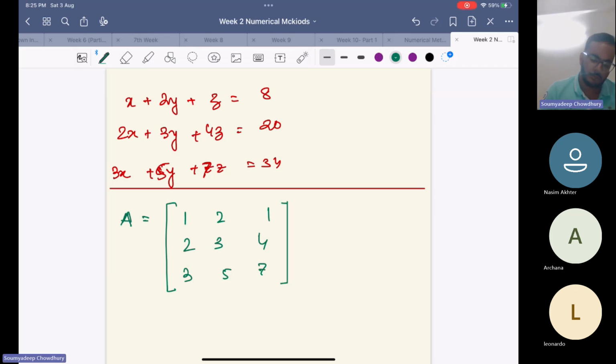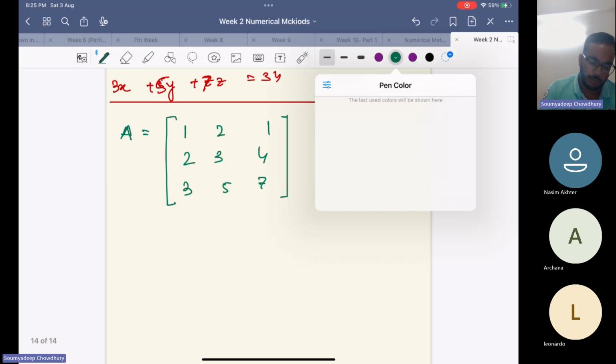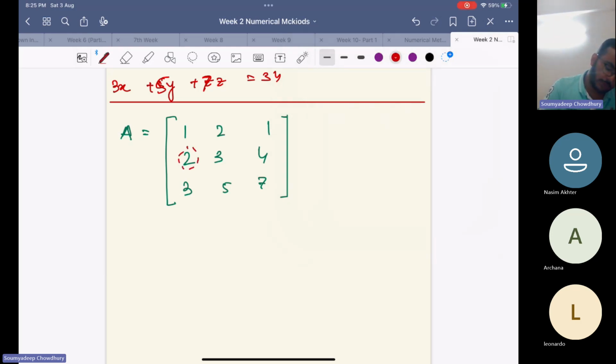Okay. So now we'll convert this into an upper triangular matrix like we did before. These three elements you have to make 0.